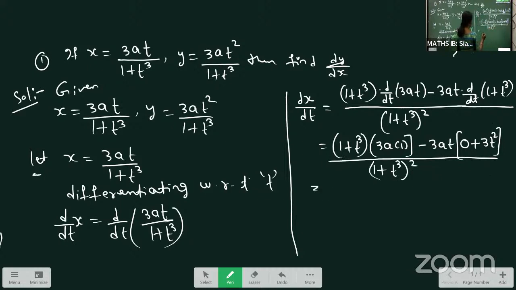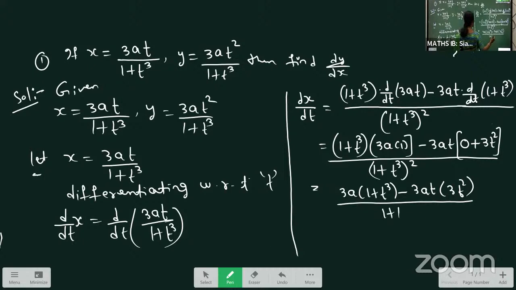So here, 3a into (1 plus t cube) minus 3at into 3t square, divided by (1 plus t cube) whole square.